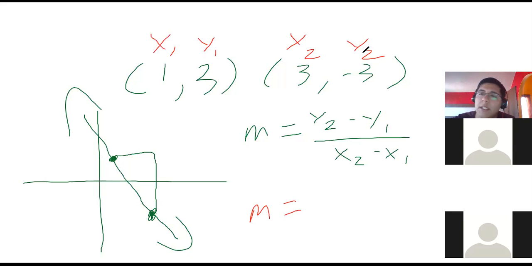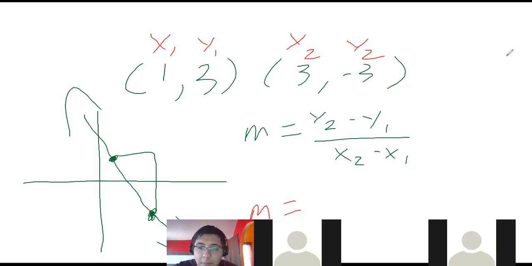If we plug the points into the formula, what would this look like? -3 minus 3 over -3 minus 1. No, 3 minus 1.